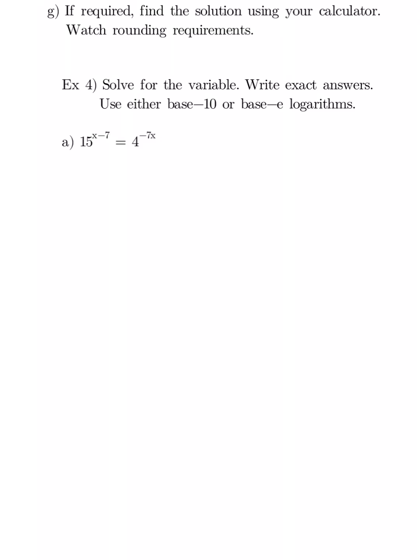Our first example is 15 to the x minus 7 equals 4 to the negative 7x. I'm going to do this problem using a common log, but either one is fine. So we start out by taking the logarithm of both sides. That means just put the logarithm out front on both sides of these.